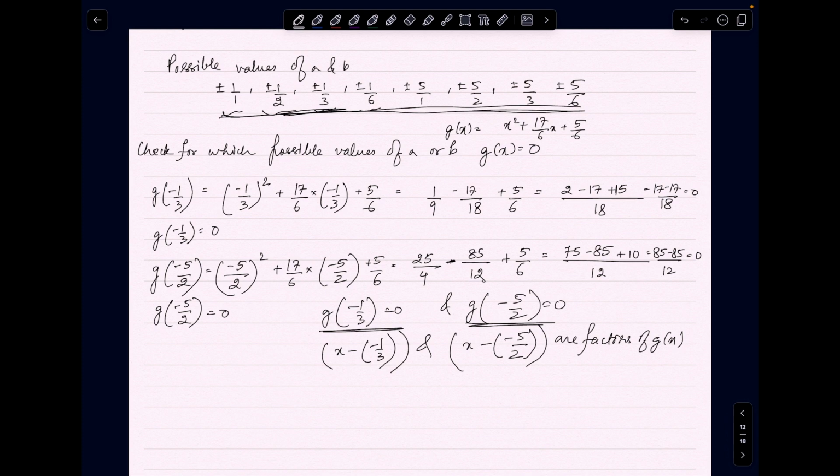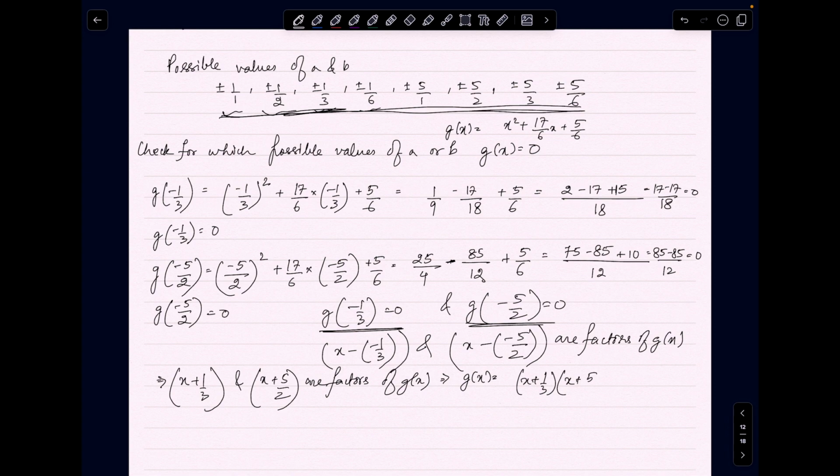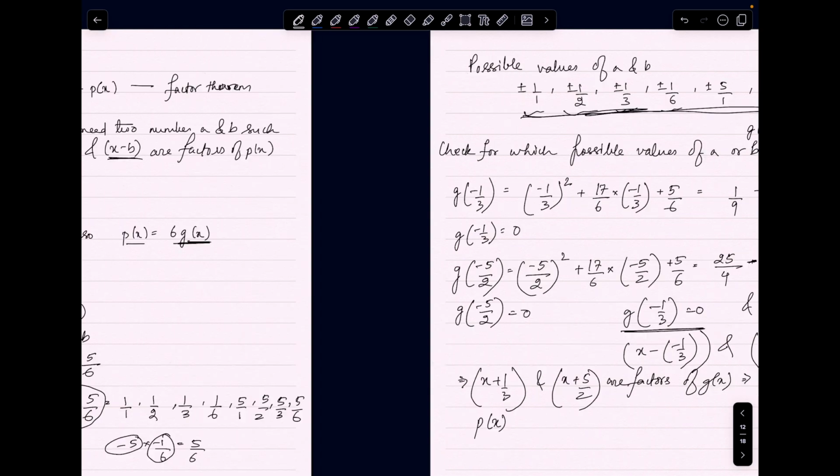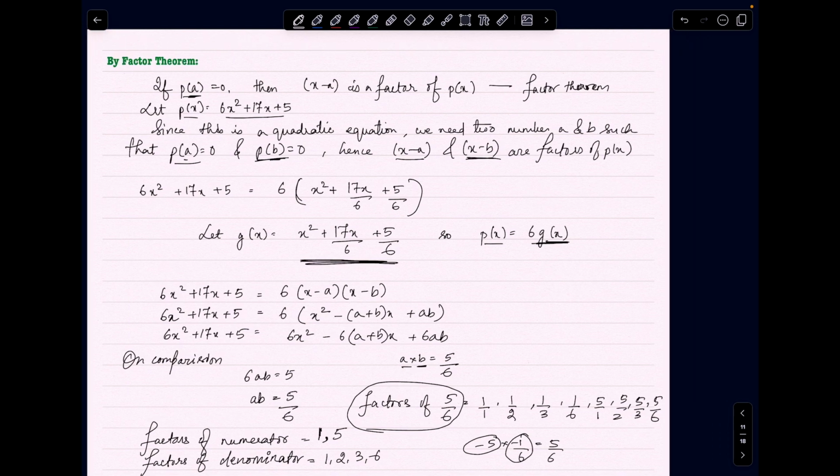This is equal to x plus 1 by 3 and x plus 5 by 2 are factors of g of x. So g of x can be written as x plus 1 by 3 and x plus 5 by 2. We know p of x is 6x square plus 17x plus 5.